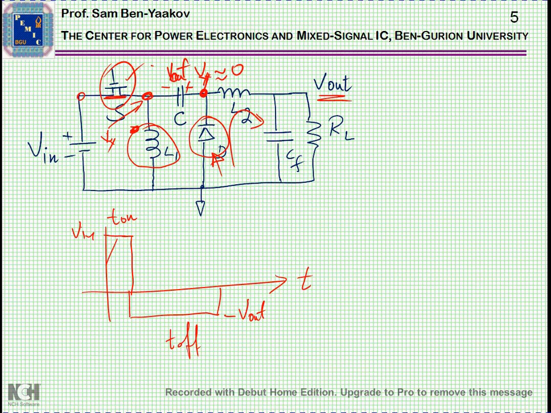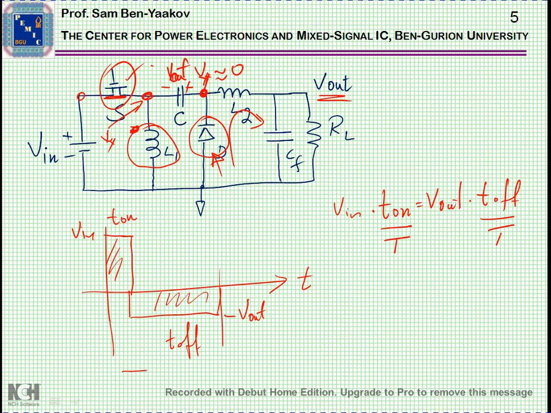Now, since this area must be equal to this area, then V in times T on is V out times T off, dividing by the period T, which is this time here.